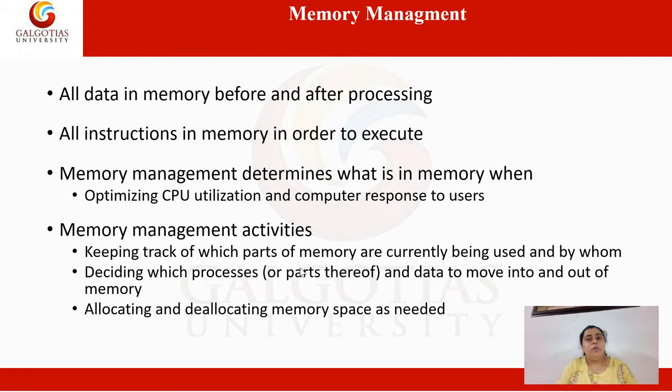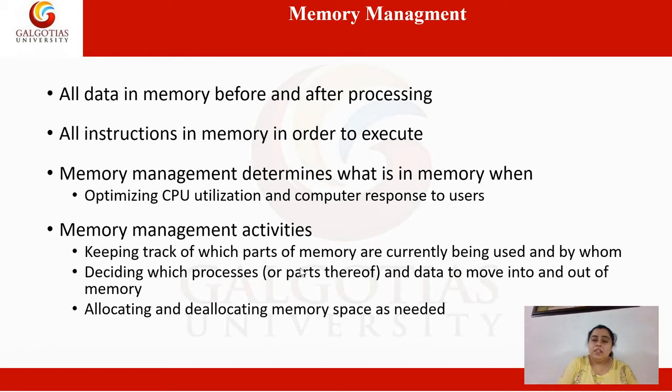The next operation of an operating system is memory management. All the data in the memory before and after processing is managed by memory management. All instructions in the memory and the order in which they will be executed is also handled by this unit.